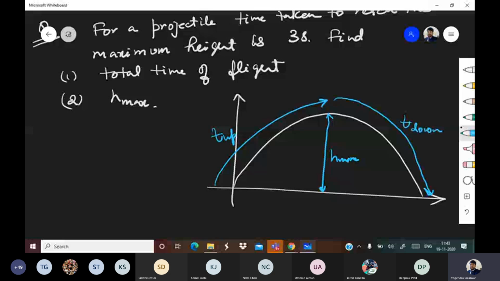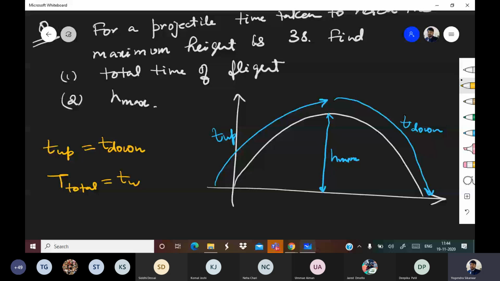In projectile motion, t up is equal to t down, unless air resistance is specifically given separately. So T total will be nothing but T up plus T down, which will be 3 plus 3 is equal to 6 seconds. Okay.